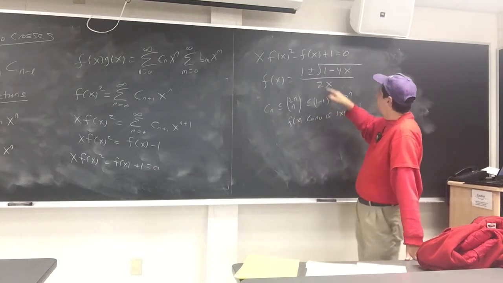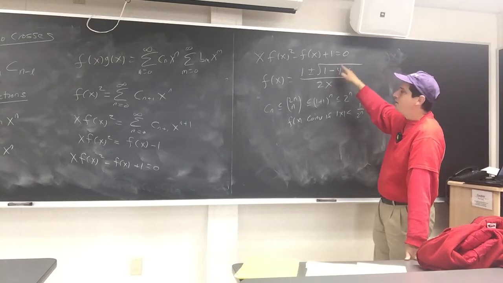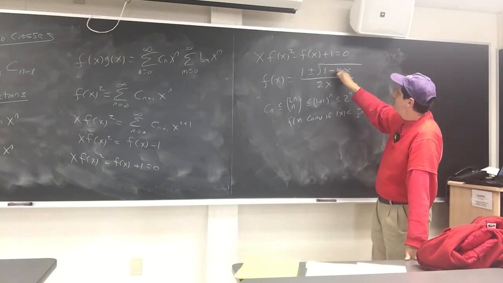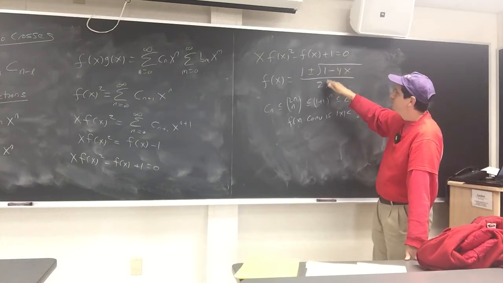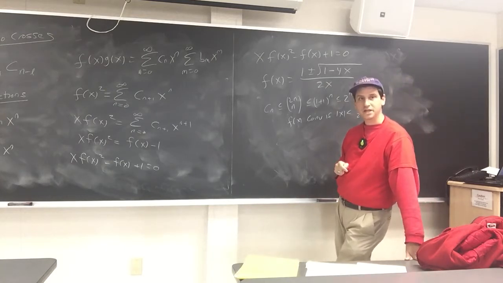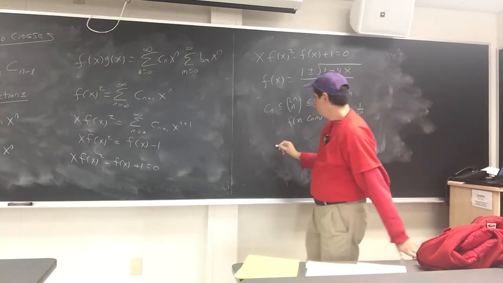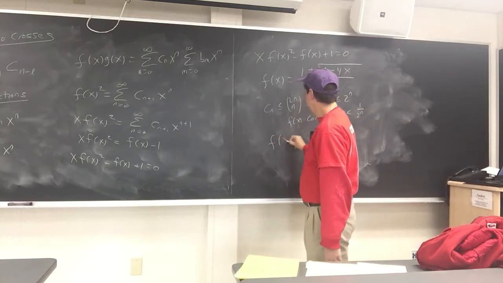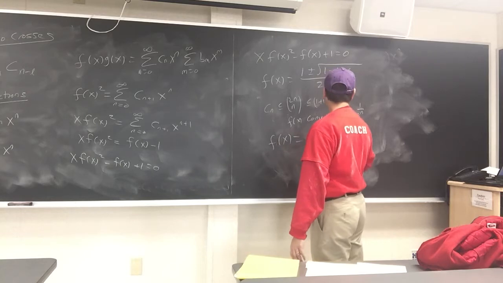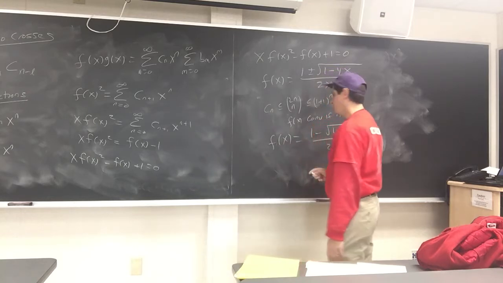If I send x to 0, I want to make sure that this is well behaved. So as x goes to 0, this is going to look like the square root of 1. I'm dividing by x. Which root do you think I want, the positive or the negative? The negative. The positive root blows up. So it's got to be f of x is 1 minus the square root of 1 minus 4x over 2x.